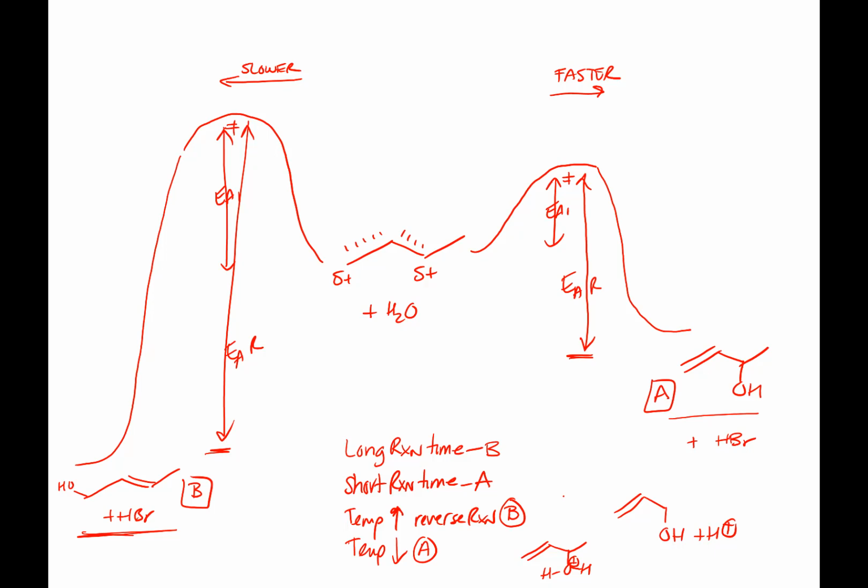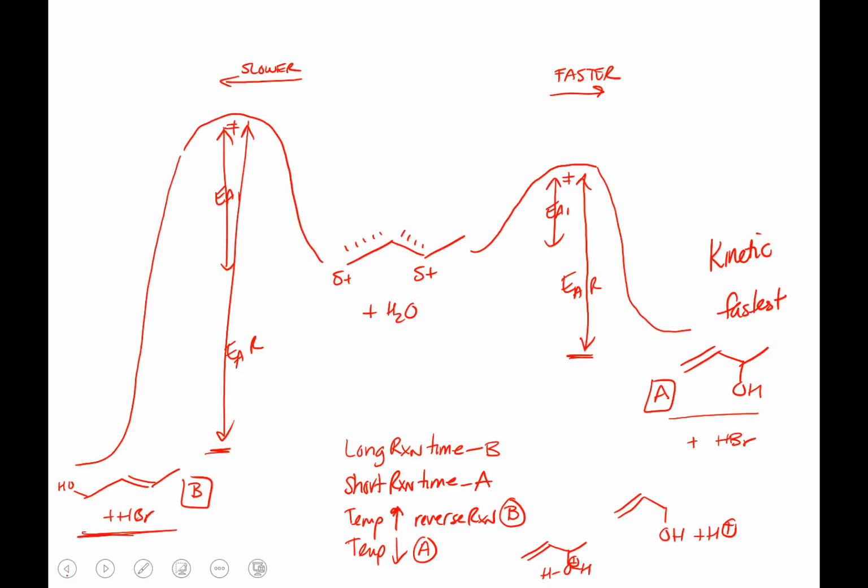It's the rate, it's the one that's formed fastest. So this one is formed the fastest. So this is going to be called the kinetic product. And then this one is called the thermodynamic product.